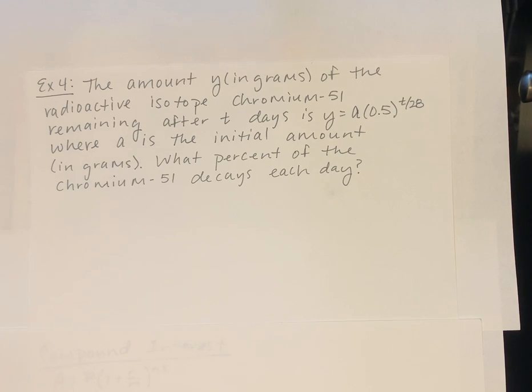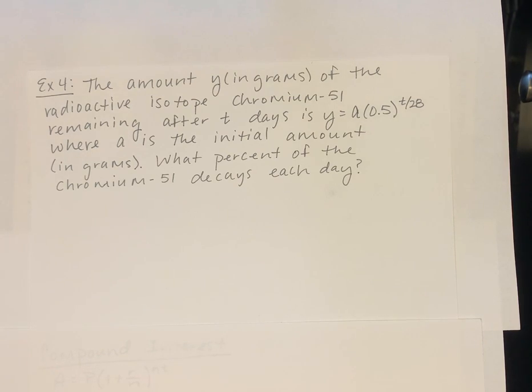All right, so the amount Y in grams of the radioactive isotope chromium-51 remaining after T days is Y equals A times 0.5 to the T over 28, where A is the initial amount in grams. What percent of the chromium-51 decays each day?